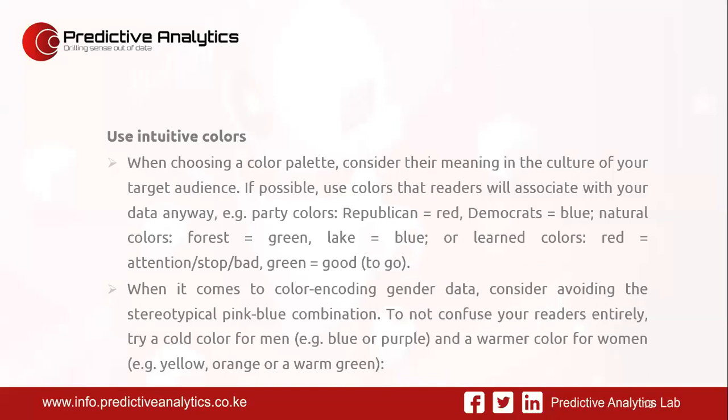For example, party colors in the US, we all know that Republican is red, Democrat is blue. And then for natural colors, we use green for forest, and even in the case of agriculture, I'd say it's green. Then for lakes, it's usually blue.